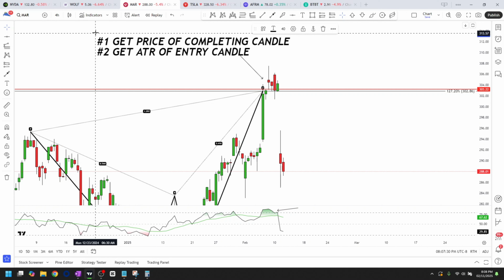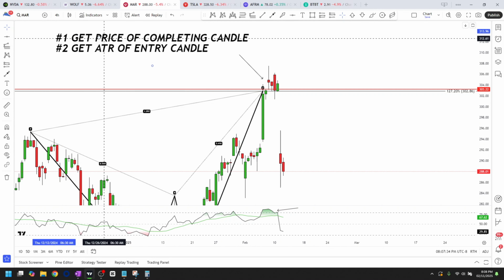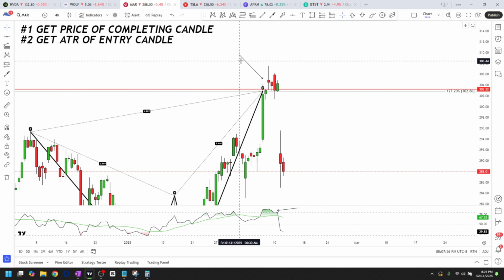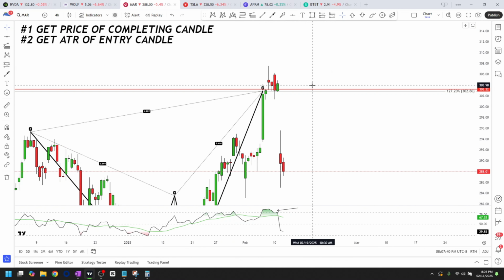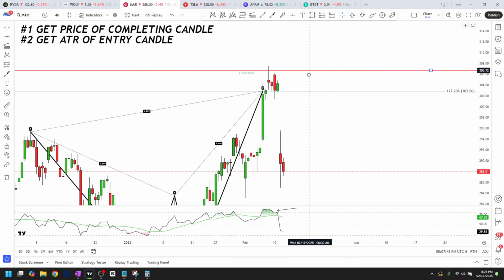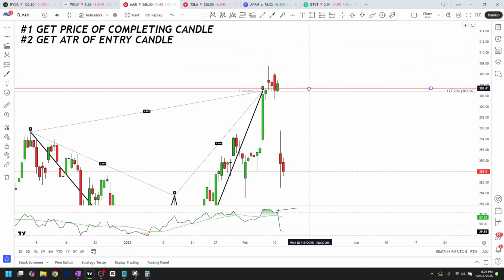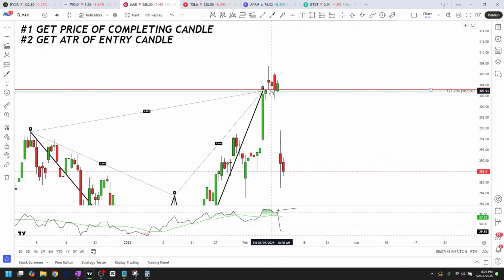Let's walk through that real quick. It's going to be the same stuff. You can see ATR-based stops are pretty cool. We want to take a line and put it on the wick of the entry candle, and it's basically 303.